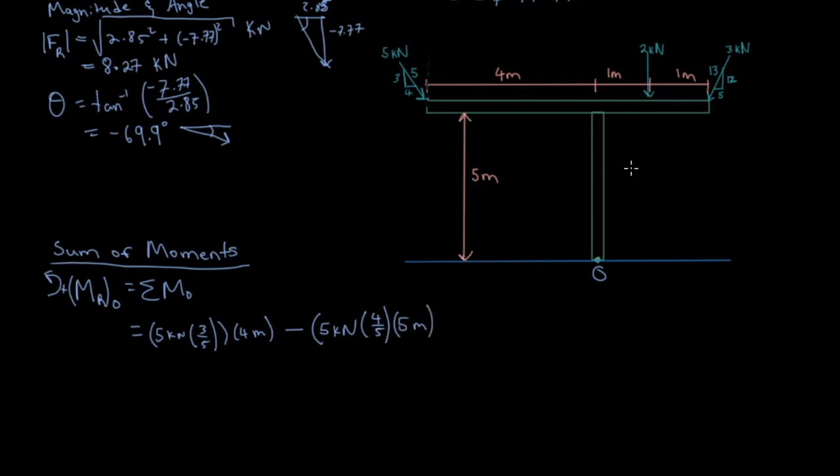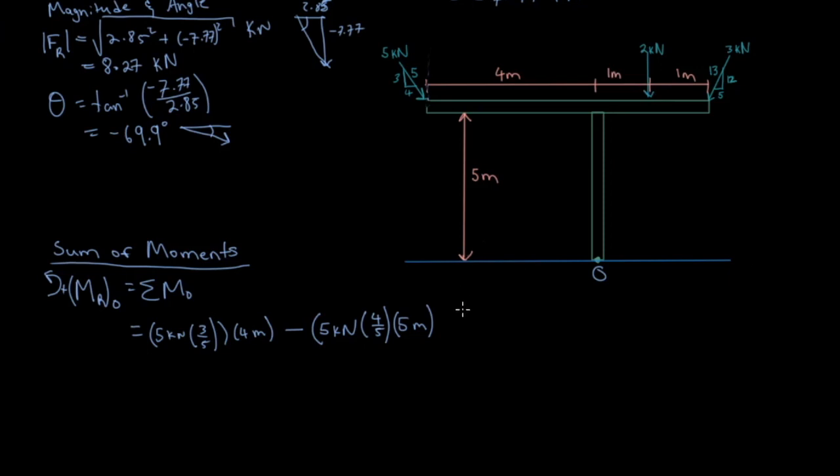Let's go on to this one. Luckily we're only dealing with one component here. There is no horizontal component, so we're just dealing with this vertical component of the 2 kilonewton force. It's going to be this 2 kilonewton force times the perpendicular distance from O, which is 1 meter.